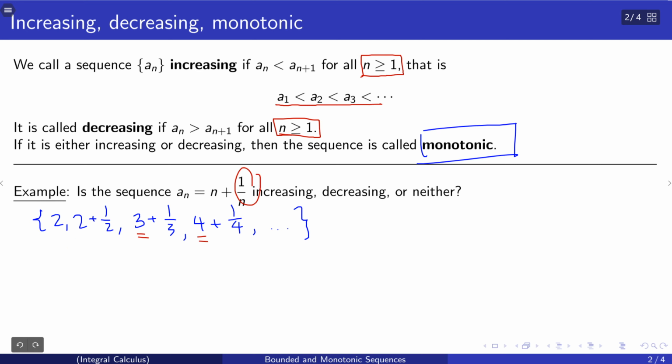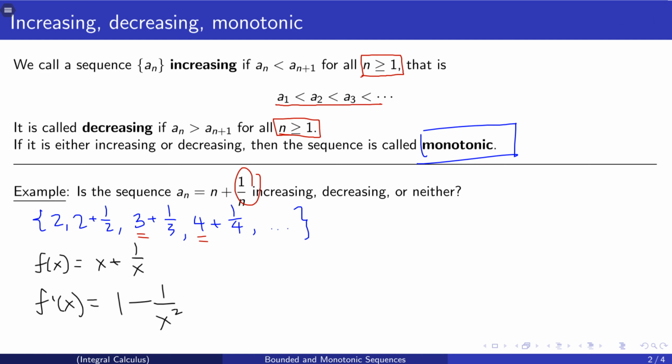But you can, remember, also prove it using calculus here. In fact, what if we define the function f of x to be x plus 1 over x? Well, then the derivative is 1 minus 1 over x squared. And what can we say about 1 minus 1 over x squared? Well, for any x value that's larger than 1, this is going to be larger than 0.